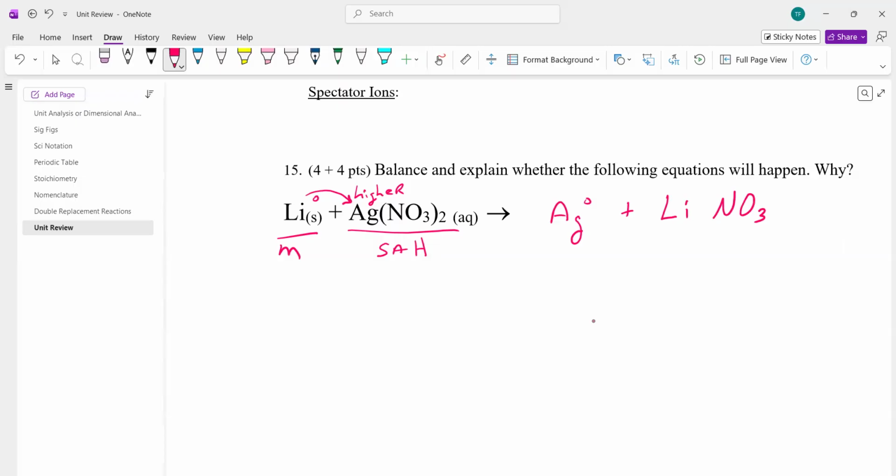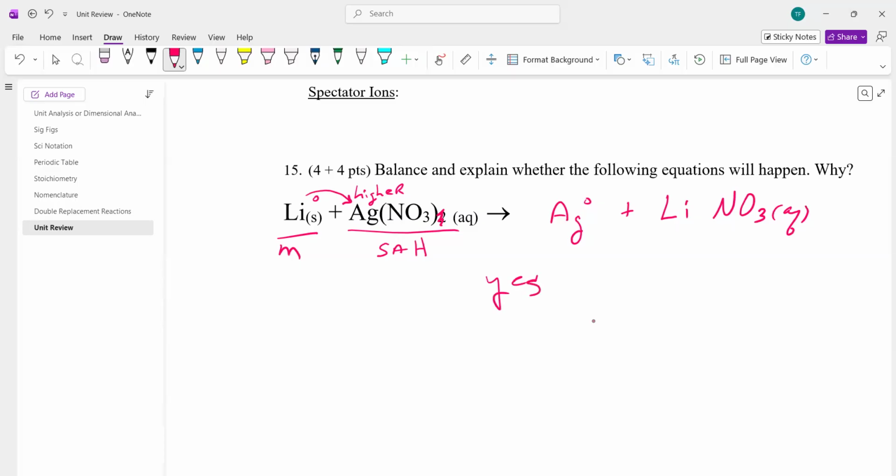And by the way, AgNO3 with a 2 doesn't exist. This is another reason. And if I have an error like that on the test, I'll give you credit for it, so you don't have to worry. Okay, so this is the new reaction. So we've got aq over here. So yes is the answer.